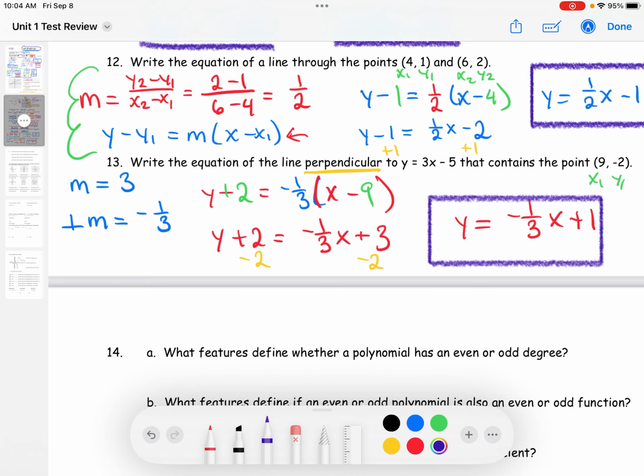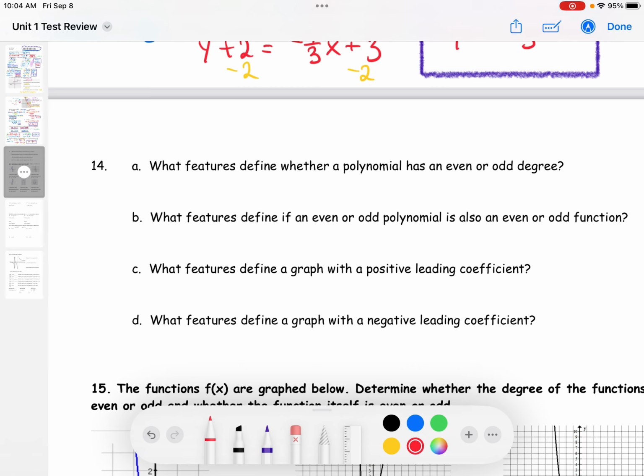Let's take a look at 14, and this is a little bit about odd and even functions. A polynomial has an even or an odd degree based on the degree of its highest power. The degree is the highest power of x that's present in the polynomial.